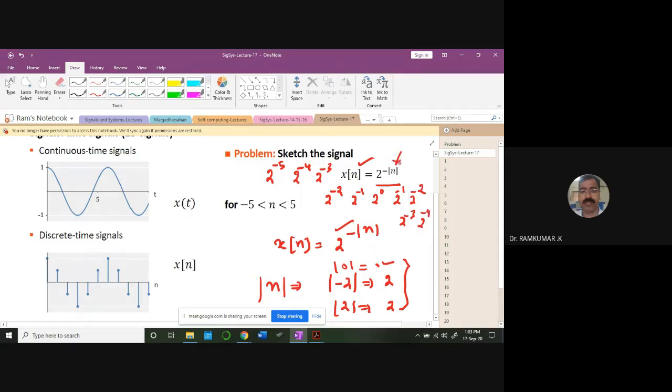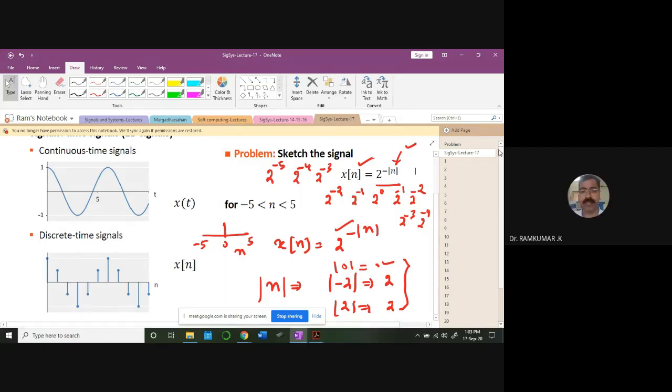For all n values you plug in, starting from minus pi to plus pi, all n values. For all these n values, what do you get? Whether this waveform is a symmetric, odd or even function? Even function. It's an even function.